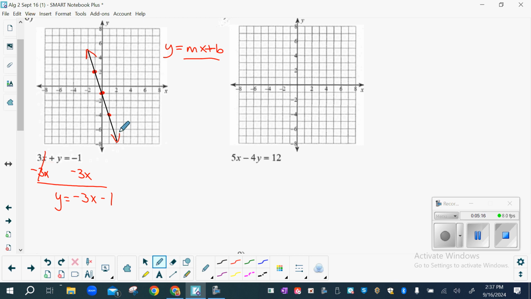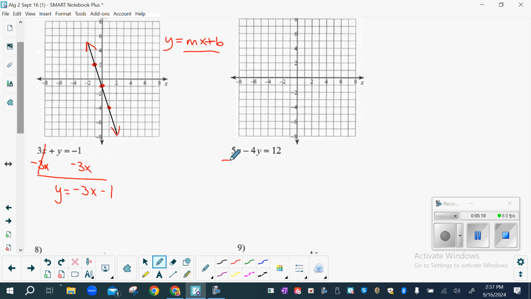Yes, let's minus 5x on both sides. So that wasn't wrong. It's just that it might cause us to have a fraction. So let's get that negative 5x to the other side first. So these cancel. Is this a negative 4y or positive 4y? Negative 4y. And then I put the negative 5x first.